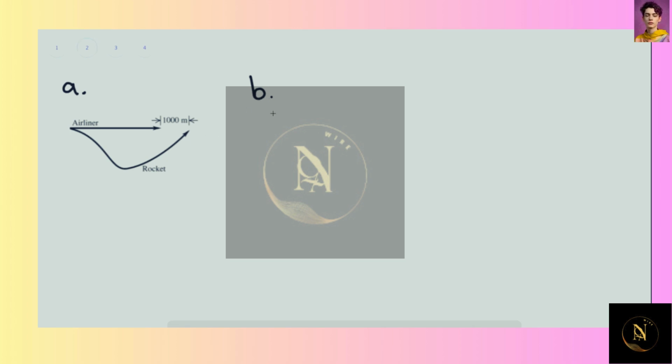airliner. For part B, the x position of the plane would be equal to 236 meters per second multiplied by t.